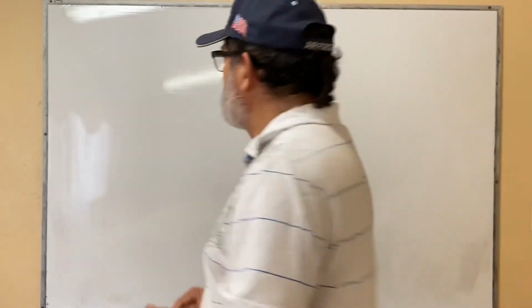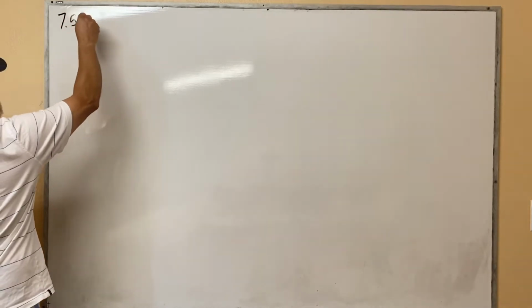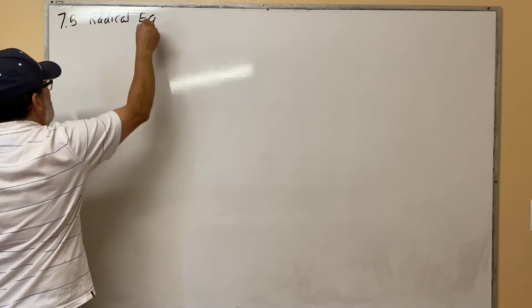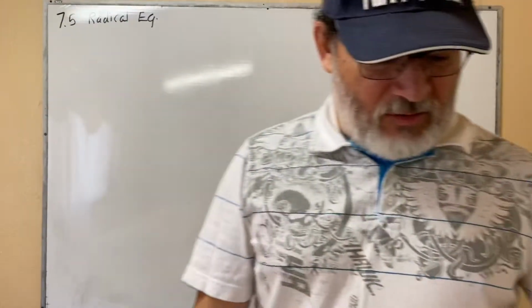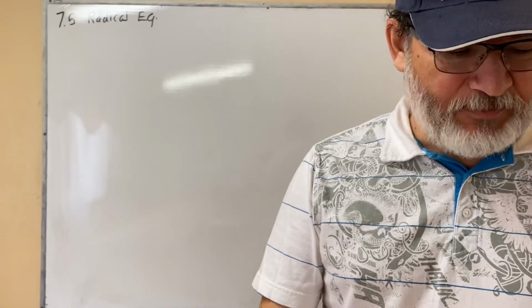All right. First step is section 7.5, radical equations. Okay? All right, so a radical equation is the following. Let me give this example.